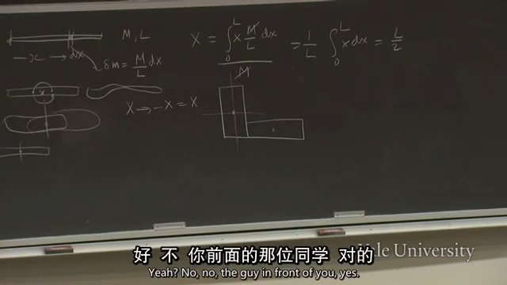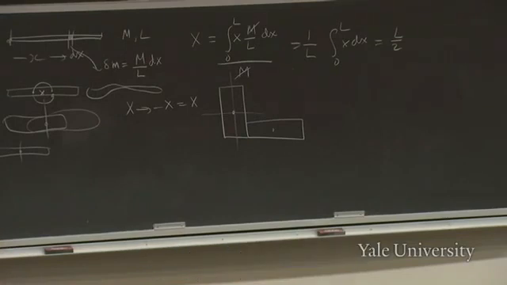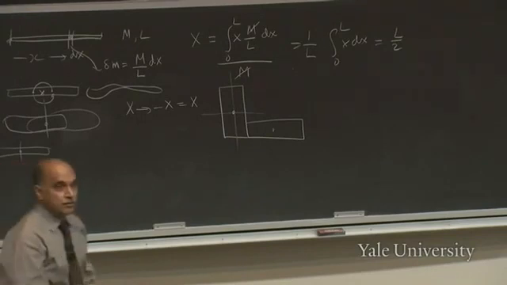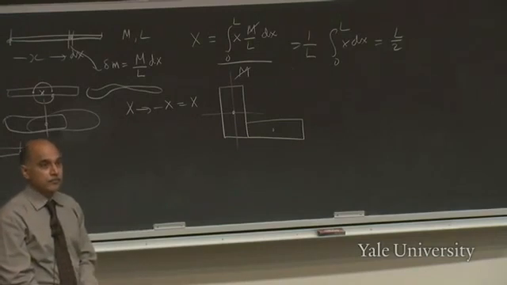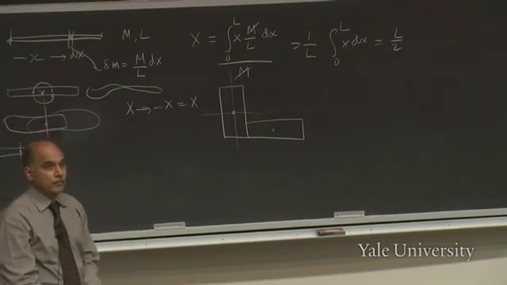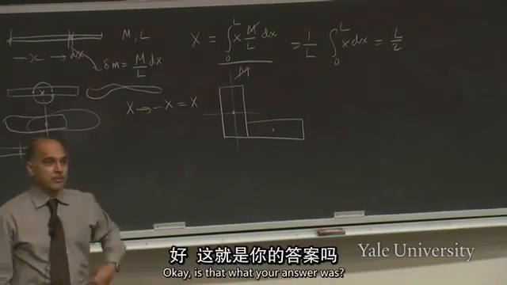No, the guy in front of you. Yes. Center of mass, you can't get the center of mass with two objects, and then just as you said over in the curve, find the center between those two as point masses. Okay. Is that what your answer was?